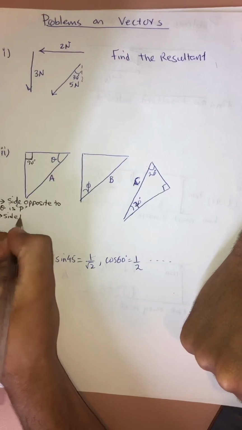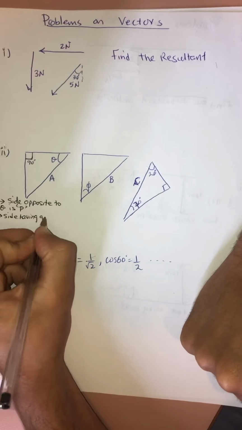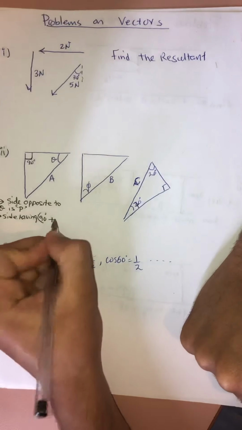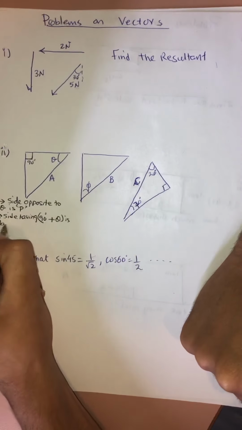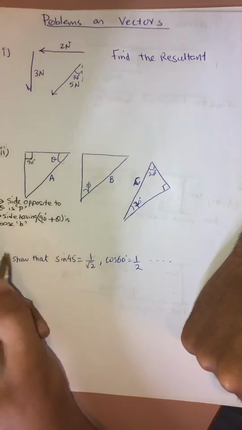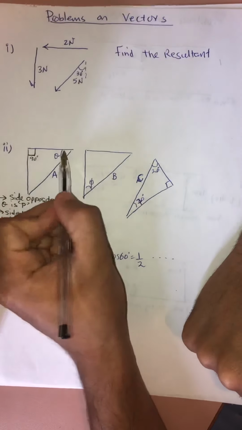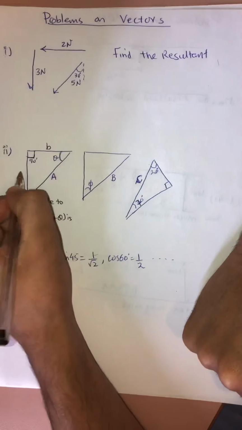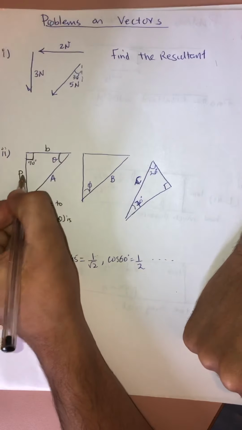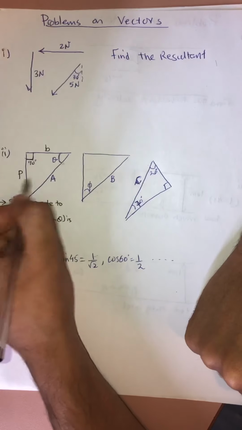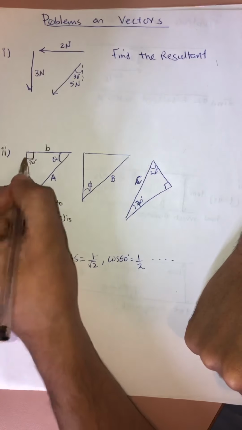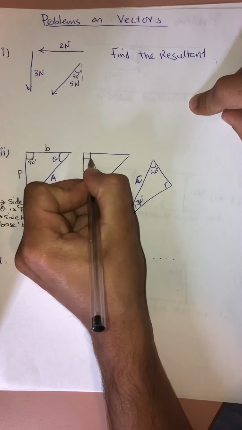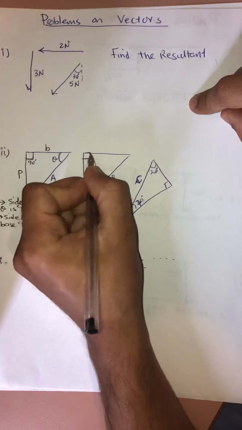The side having the 90 degree and theta is the base, b. So this line which is having 90 degrees and theta is the base. This is the perpendicular, which is opposite to this theta here, because this is a right angle triangle.